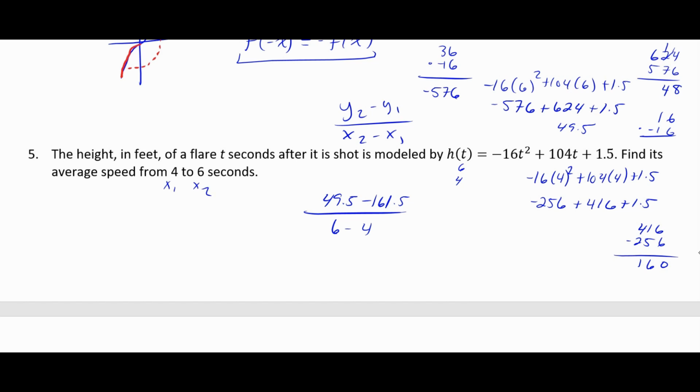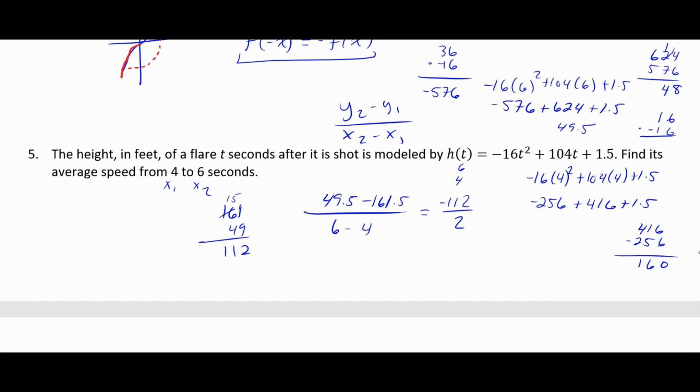Now we just need to simplify this a little bit. So 161 minus 49, because the 0.5s are going to cancel out. That gets me 112. So I have negative 112 divided by 2.